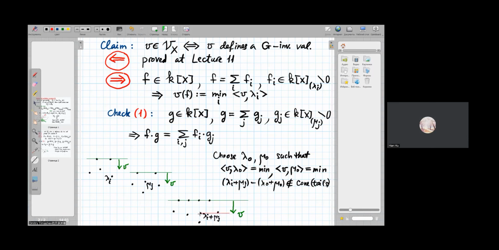I put the apex, the vertex of this cone at this weight lambda i plus mu j, not at the origin, but I can do it, of course, if I want. So this is the cone spanned by minus tails, the cone opposite to the one spanned by tails.